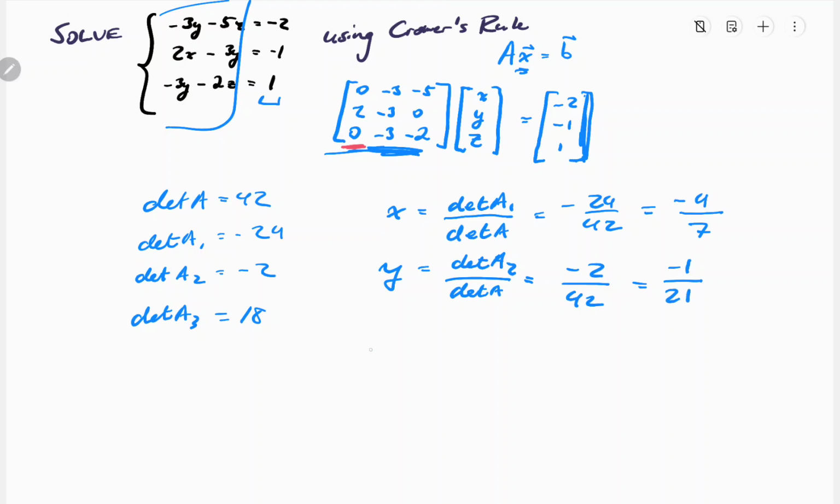All right, and to solve for our third variable, we take the determinant where we subbed in for our third column and divide by the determinant of the original. So we have 18 over 42.